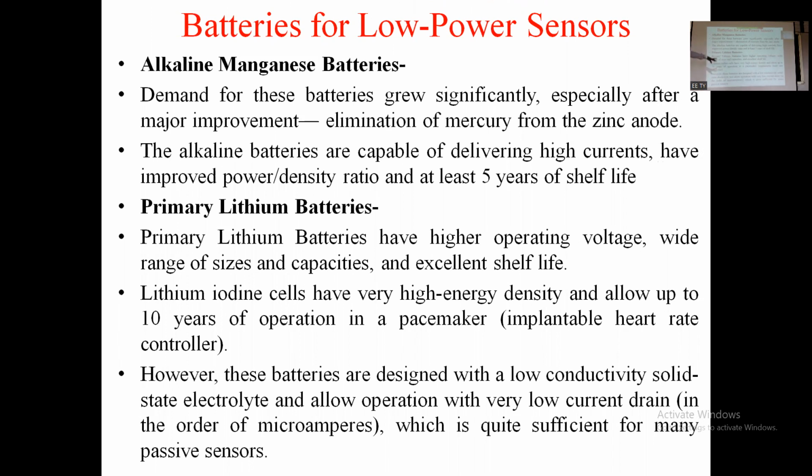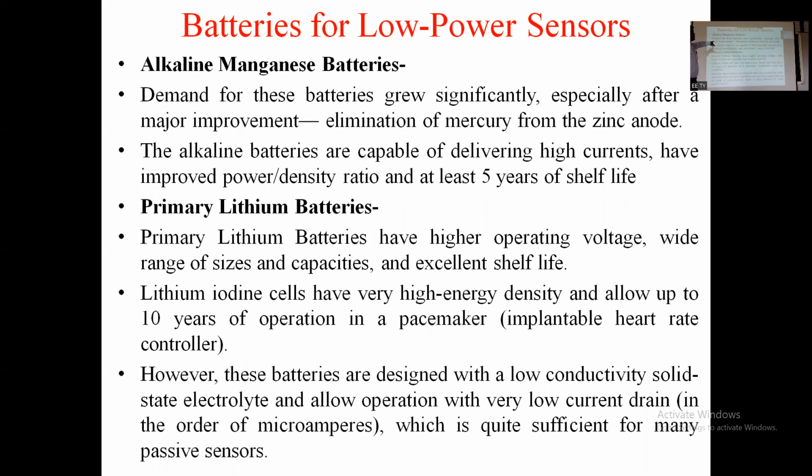The alkaline manganese type of battery comes under the primary cell. So there is a demand for this type of battery. It will be growing significantly. Due to that, a major improvement can be done. It is the elimination of mercury from the zinc anode. Okay. So alkaline manganese type of battery.